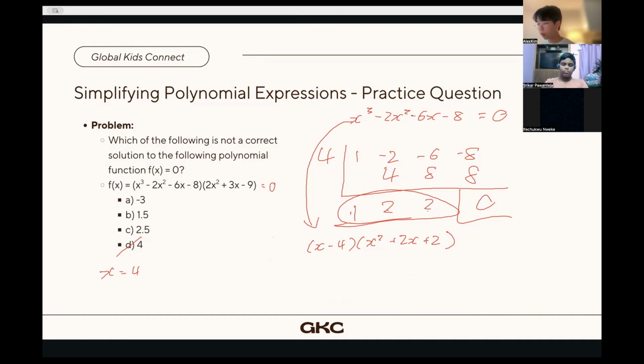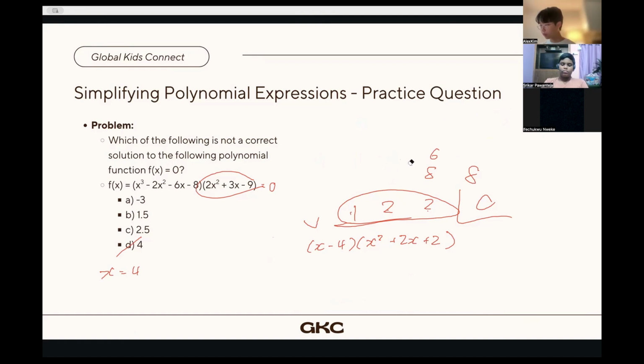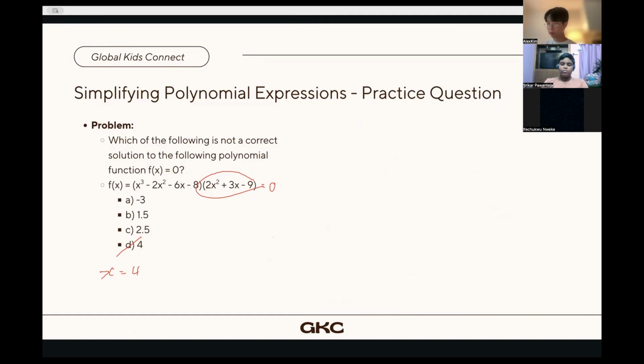We'll now check the remaining part of our polynomials, or the other quadratic function. Let me just erase this top part here. You can just try factoring with trial and error, or you can use the quadratic formula.